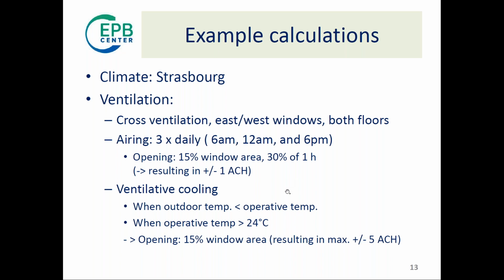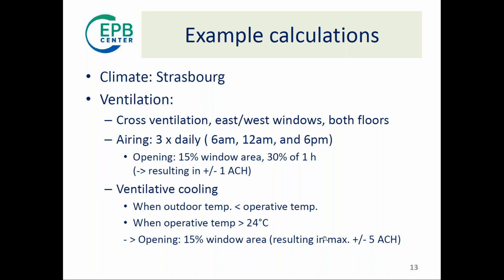The circumstances are when the outdoor temperature is below the operative temperature in the zone, and when the operative temperature in the zone is above 24 degrees Celsius. Then the same opening is again applied, but the full hour, not 30%, full hour.